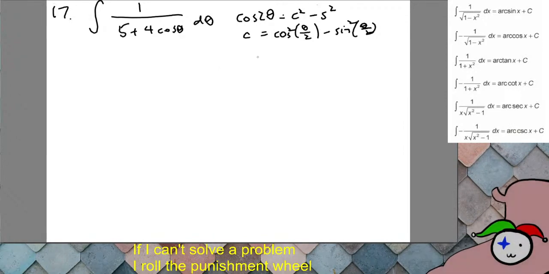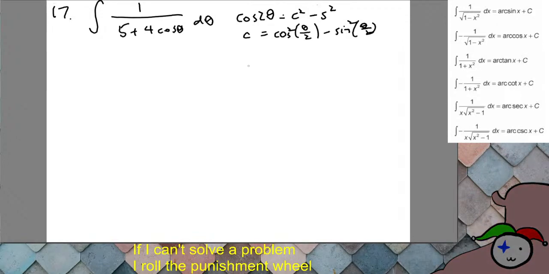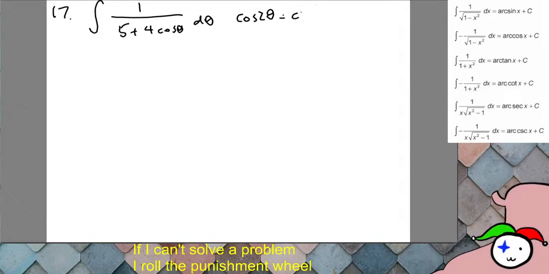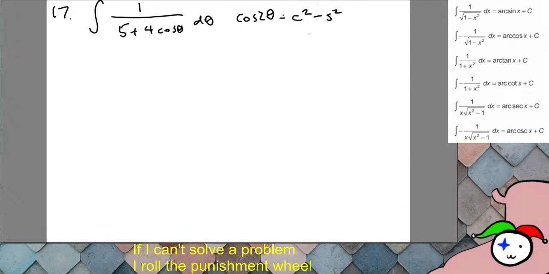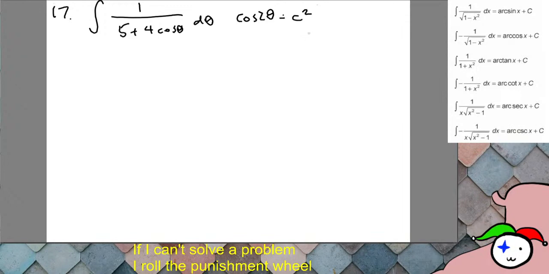Because the other version of this is, let's turn it to sine. So cos squared minus sine squared. I can't remember the other ones. So I know cos squared plus sine squared is 1. So cos squared is 1 minus sine squared. It's 1 minus 2 sine squared.